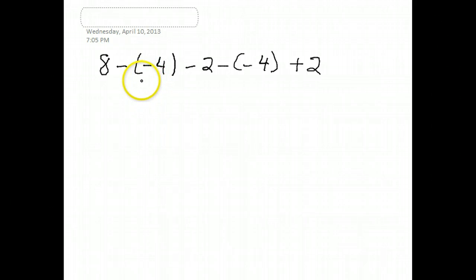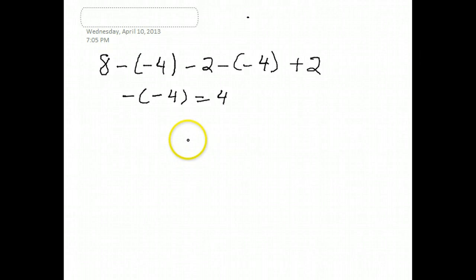So there's several different ways you can think of this. You can think of a number that is preceded by a negative as the opposite. So for example, if I have minus a minus 4, what's the opposite of minus 4? The opposite of minus 4 is 4.